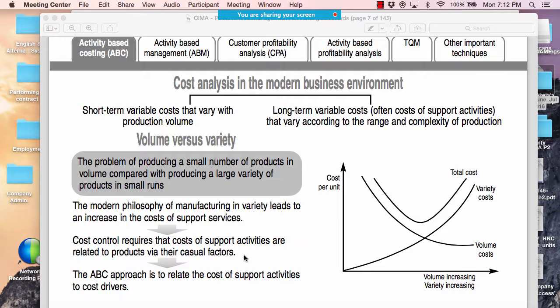Why can't somebody sitting in, let's say, the Philippines or India, in a lower cost base economy, do it? They can do it, of course.